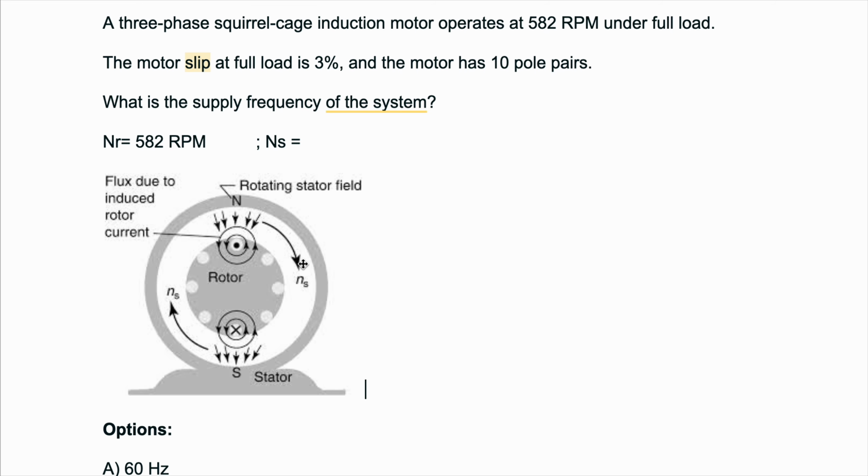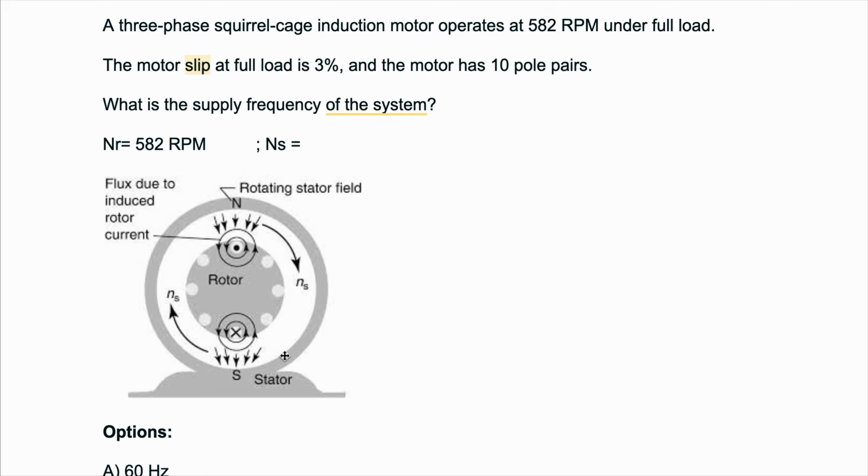Okay, the rotating stator field. We have a stator, and the stator is not mechanically turning, but the magnetic field of the stator, because of the winding and the AC current, is turning, depending on the frequency of the power and also on the poles of the stator.